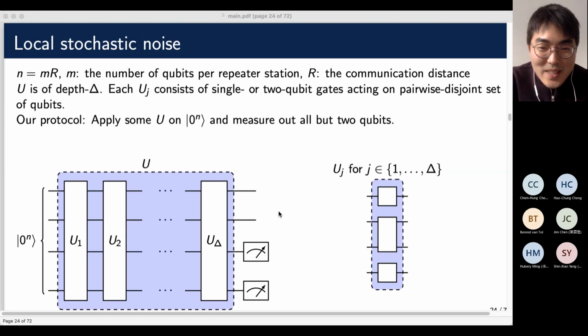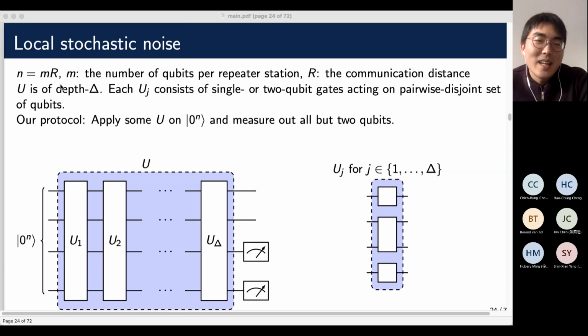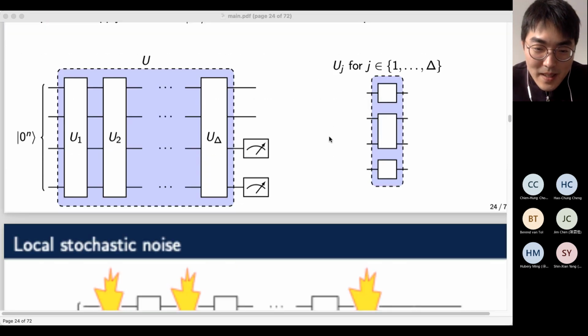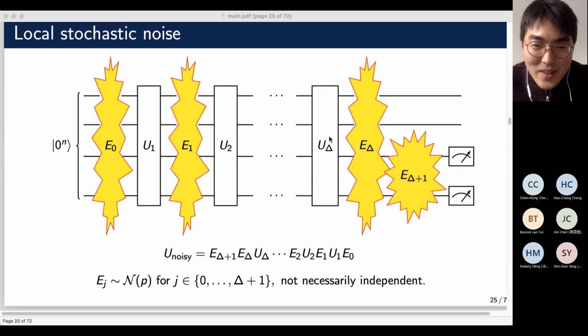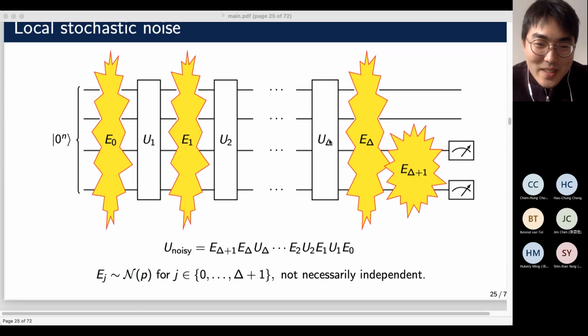Okay. So let's go back to our circuit diagram. Here we have N, which is the total number of qubits. N is equal to M times R. And we are considering circuit level noise, which is affected by E0 to E delta plus 1.